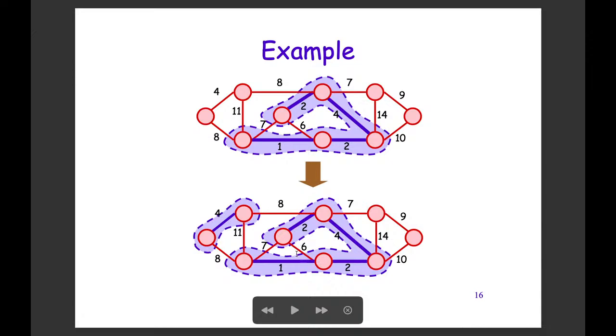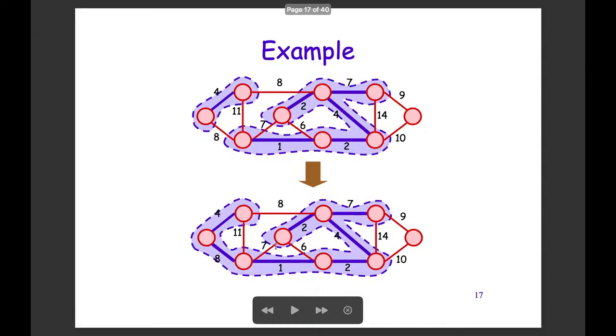So in that case, when we look at this edge, we will just take it away, ignore it. And then the next edge, maybe we are going to look at this 7 or this 7. If we look at this 7, then it is also forming a self loop because it is joining this blue thing. All of them are considered as the same node, right? It's joining from this node back to itself. So we will also ignore this one. And after that, we will select this 7. And then after that, we will select this 8.